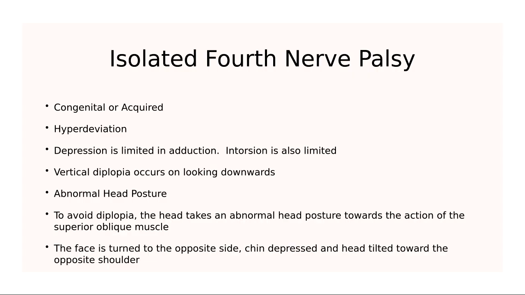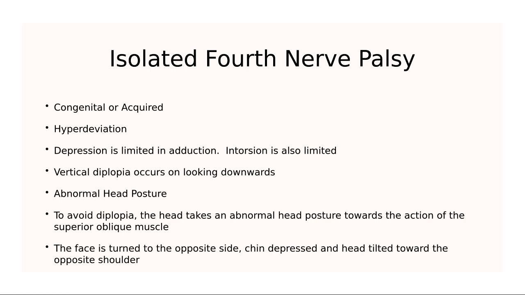So if you have an isolated fourth cranial nerve palsy, it may be congenital or acquired. There's usually a hyperdeviation, so one eye is above the other. Depression is limited in adduction, and intorsion is also limited.